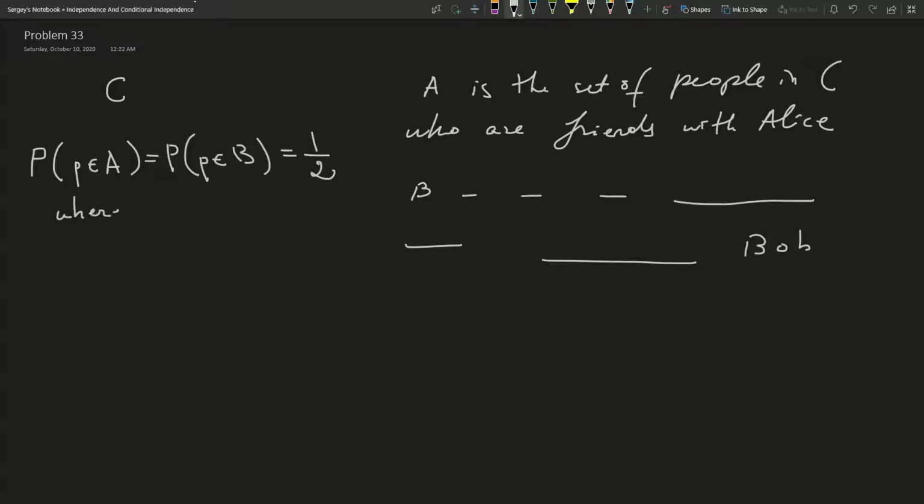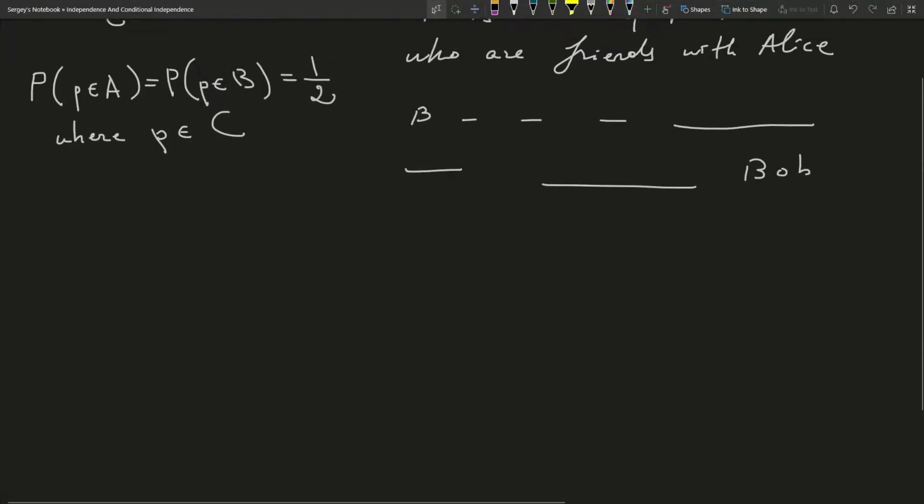So where P is some person in our set C. And all these friendship statuses are independent, meaning knowing that a person is friends with Alice doesn't tell us anything about whether that person is also friends with Bob.